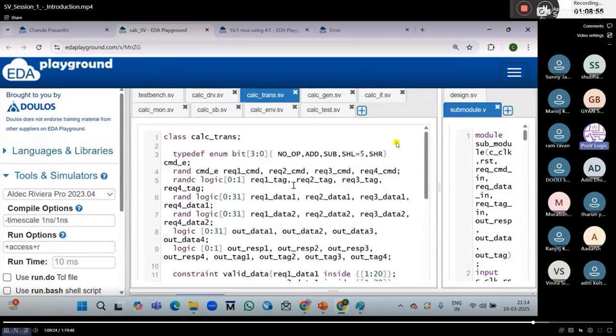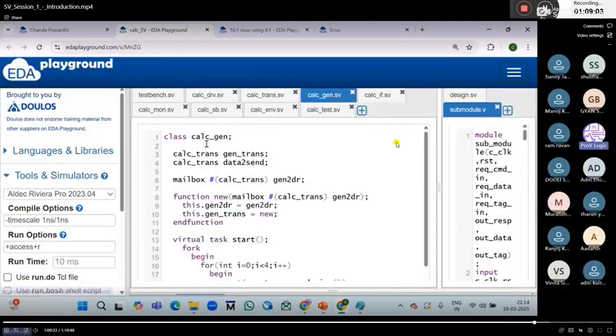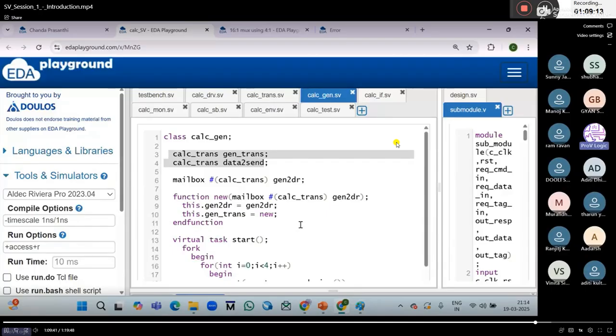This is how we create the transaction class. Just declare all the input and output variables, and then create the generator. Generator is also a class. If you see generator.sv, it's a class. What are we creating here? The transaction data, because this transaction data we need to randomize and send to the DUT, right?